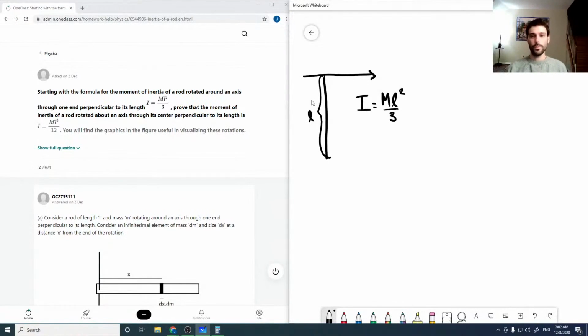And it wants us to prove that the moment of inertia rotating through its center and perpendicular to its length is ml squared over 12.